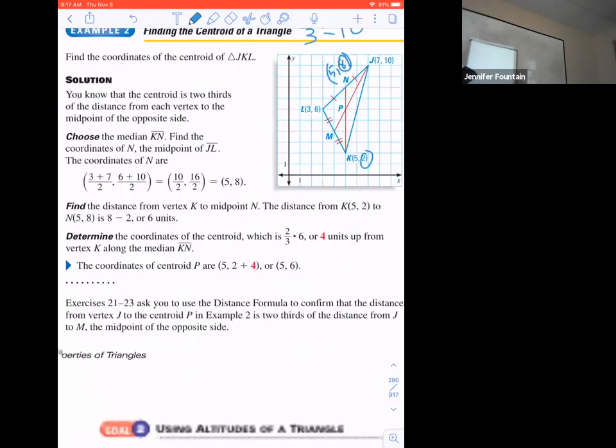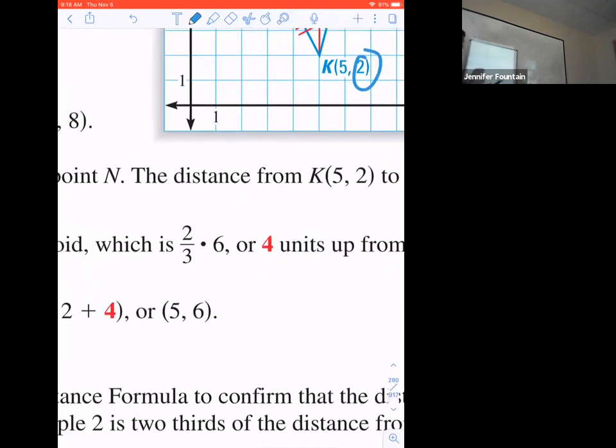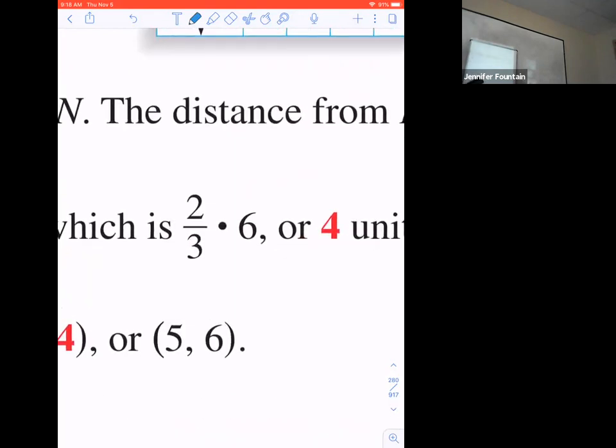So now it says determine the coordinates of the centroid, which is 2/3 of 6. So remember, if my total distance is 6, to find the centroid, so I'm right here. To find the centroid, I know it's got to be 2/3 of 6. And 2/3 of 6, remember, if I'm multiplying, think of 6 over 1.